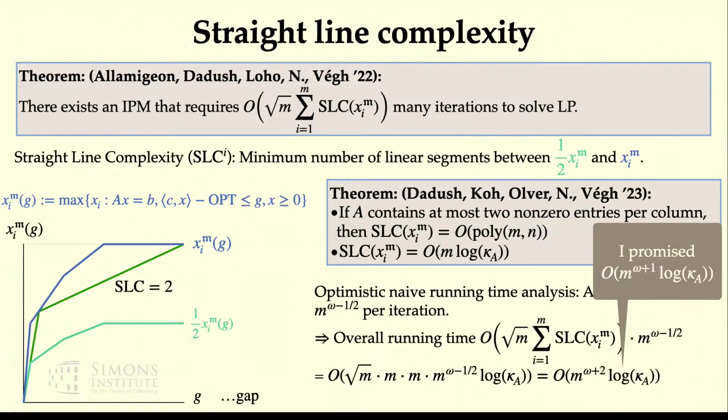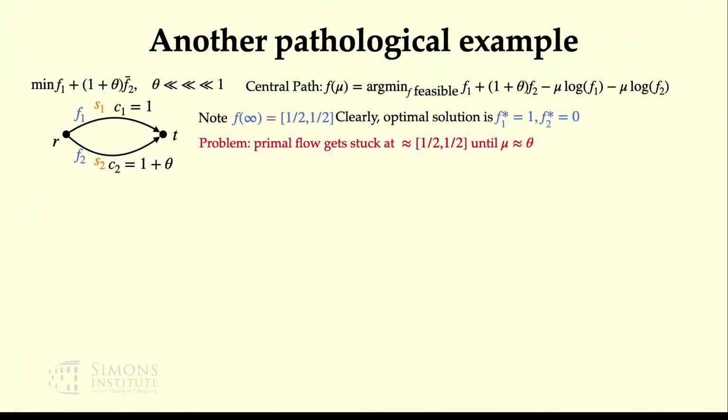Good. Again, before I go into the ideas of how to make interior method exact, let me show another pathological example. We've seen one before where we had the L infinity ball and where the angle of the objective was very close to a hyperplane. But here's another example that is a flow example, and there we will see how we can overcome these issues, if an angle is very close to 0.